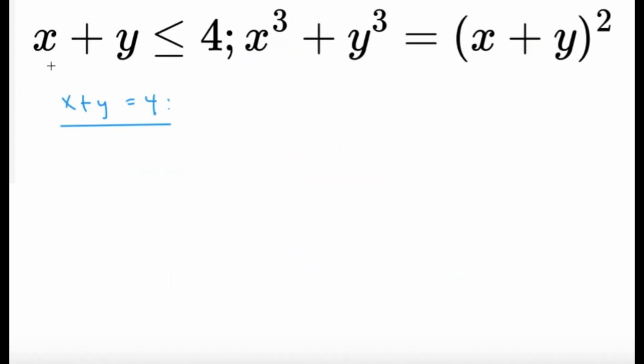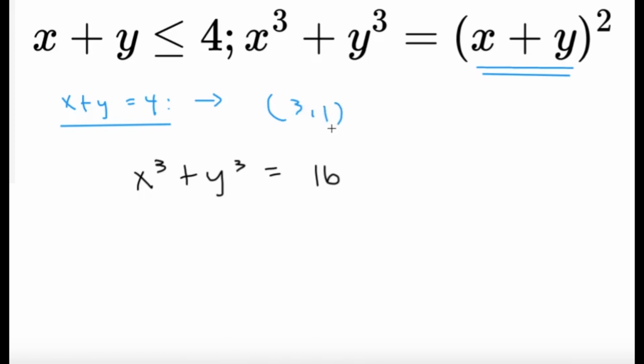So we have the range of x plus y less than or equal to 4, and we're asked to solve this equation. Now it's kind of nice that we have x plus y here. So essentially speaking, we can just do trial and error, because there's only finitely many values now that x plus y is less than or equal to 4. All right. So if x plus y equals 4, x cubed plus y cubed is going to be equal to 16. And from this alone, we can get some ordered pairs which are possible.